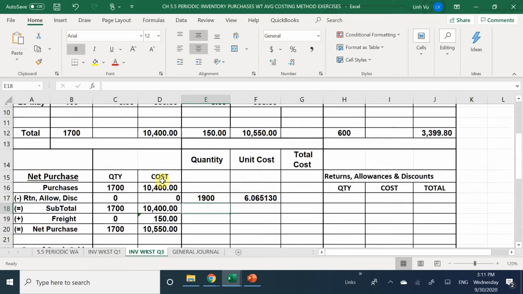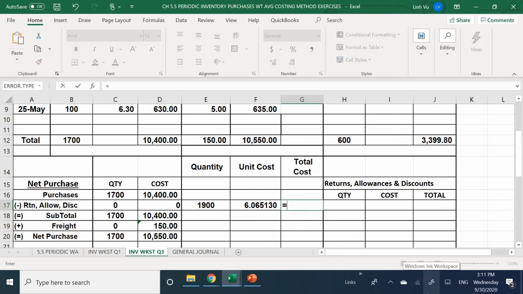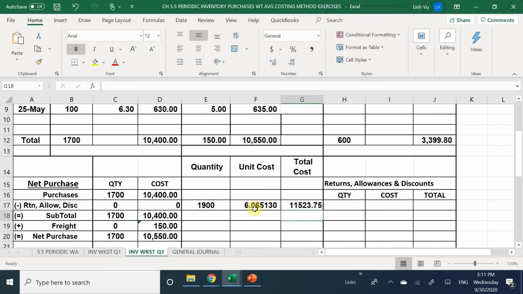So multiply that long number by 1,900, and I'll round it because it's not going to be an even number. I get $11,497.4782.